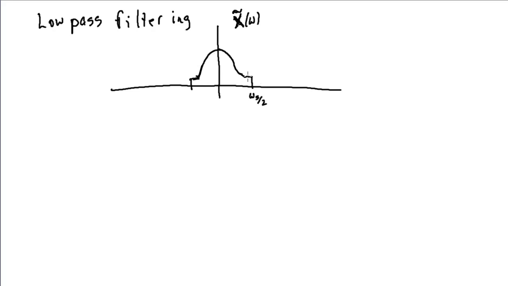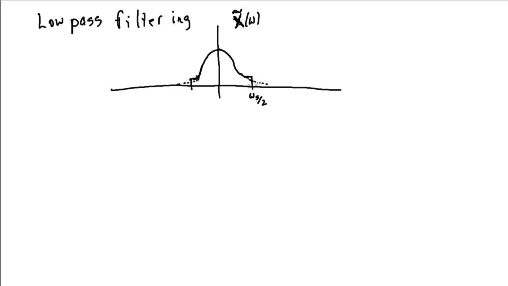And then what's happening here is I'm losing these frequencies that are above omega s over 2, and then some frequencies that are below omega s over 2, I'm getting distortion there, not the original spectrum, because of the adjacent replica.